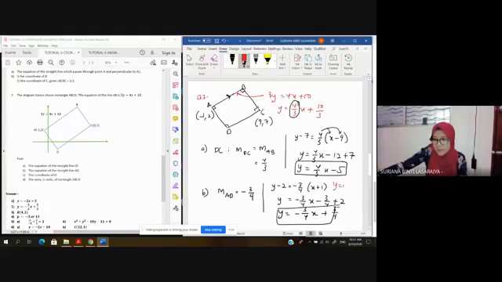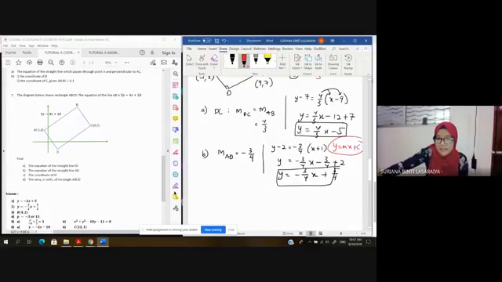If it says give your answer in the form of ax plus by plus c equals 0, or equals d, then you must rearrange this. This one will become 3y equals 4x minus 15, because this is over 1 times 3 times 3, then the denominator you bring to the other side first.